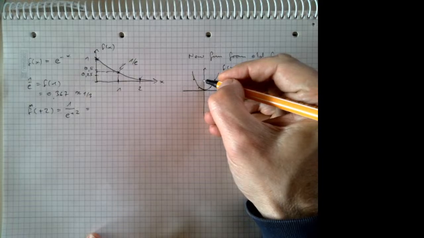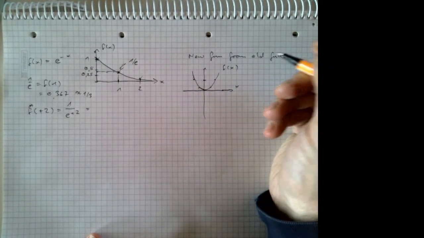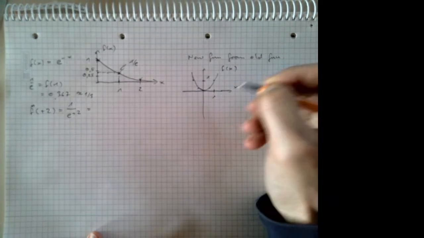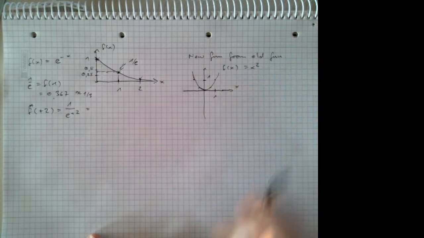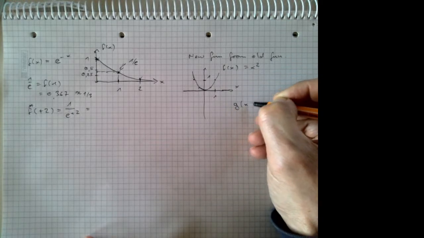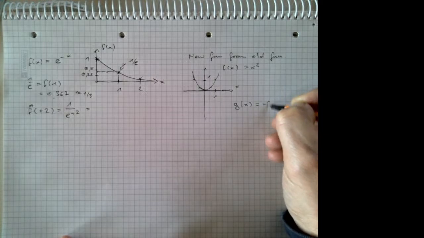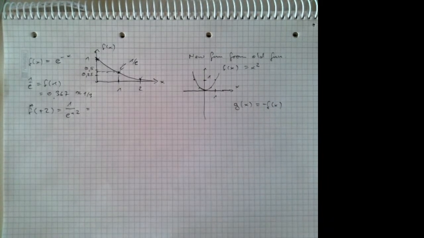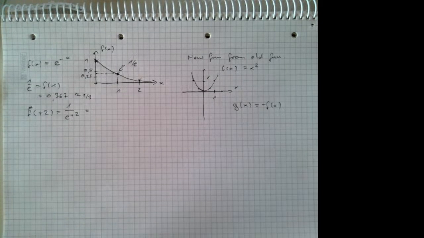Here is 1, and here is 1. f of x is x squared. What happens if I define a new function, g of x, as negative f of x? I would mirror it about the x-axis, right?